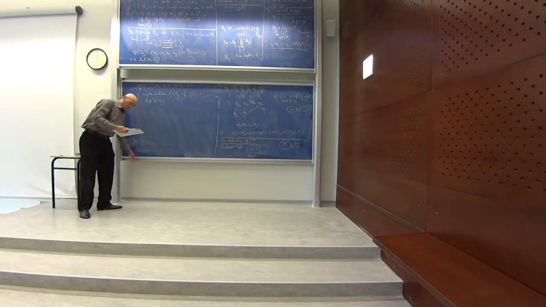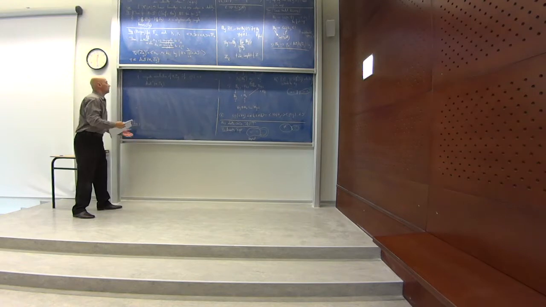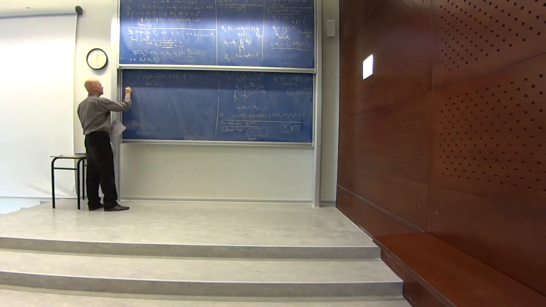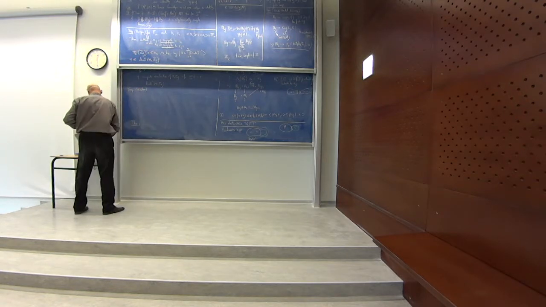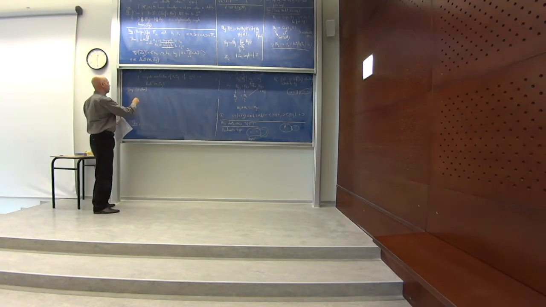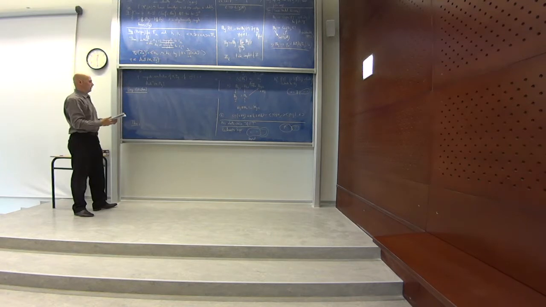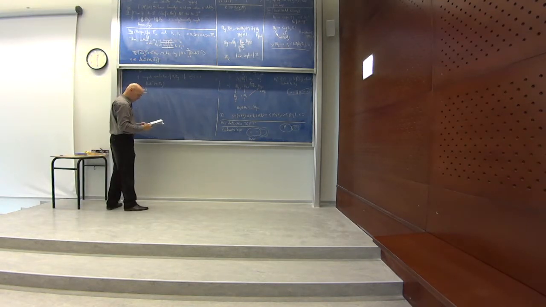And then you could consider the following description due to Nielsen of the mapping class group of a surface in the following way.